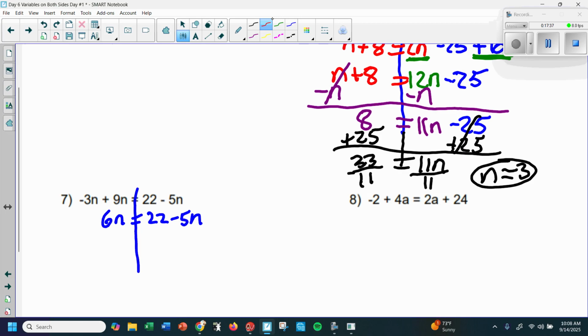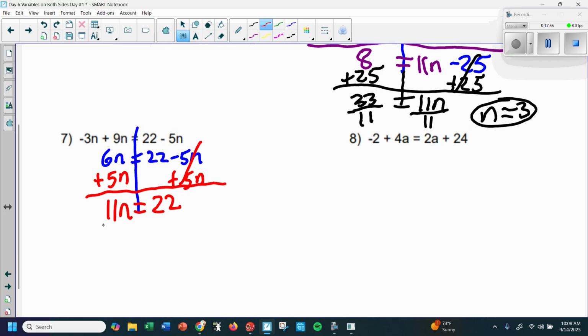And the answer is negative 5n. So we're going to add the 5n to this side. And when we do that, we get 11n equals 22. Okay. And then again, we divide by 11, and we get n equals 2. Hooray.